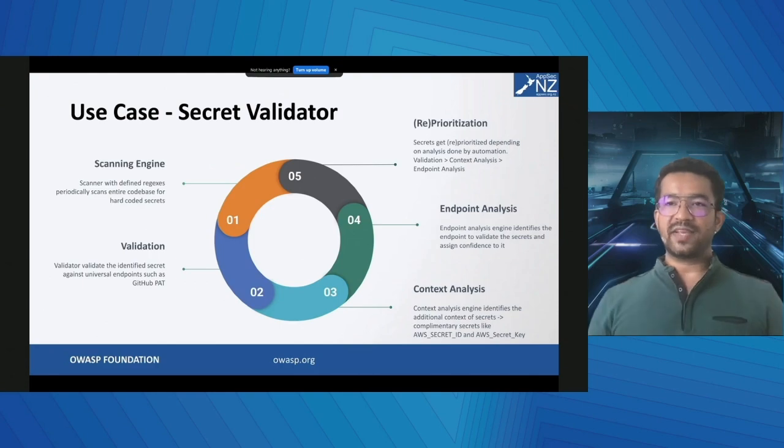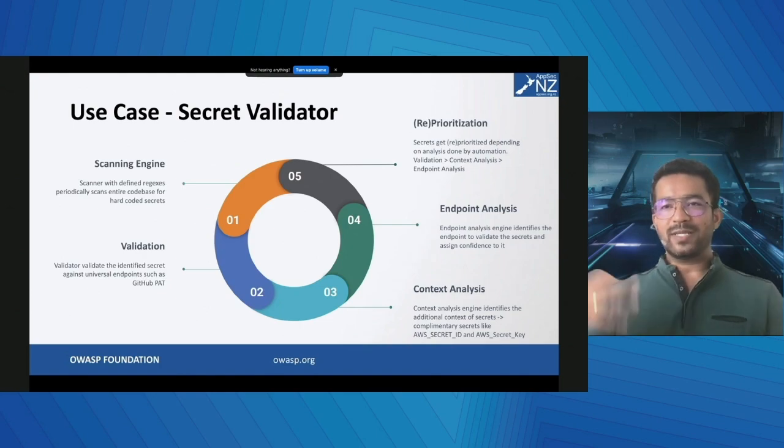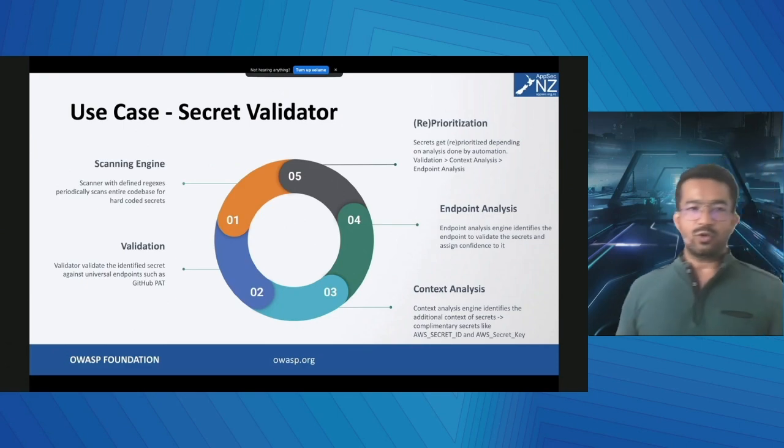In our case, we had millions of secrets to analyze. There was no way we were going to look at them manually. So it was a nightmare scenario from the analyst perspective.